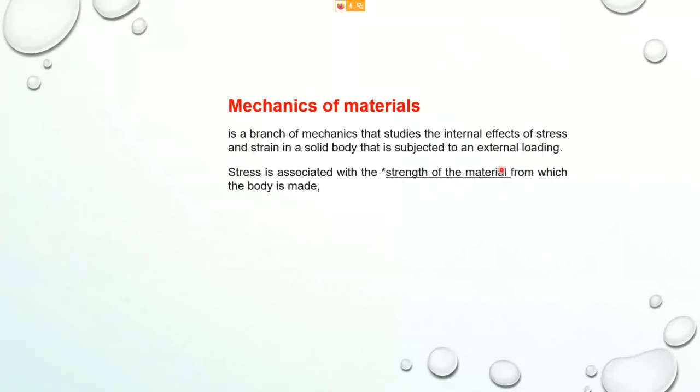That is called strength of material. In other words, strength of material is actually the mechanics of materials. So here I have the definition of strength of materials: the ability of the materials to withstand any external load or force without failure. Clear, everyone?